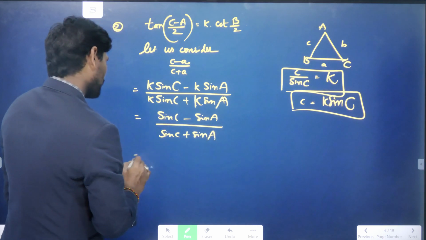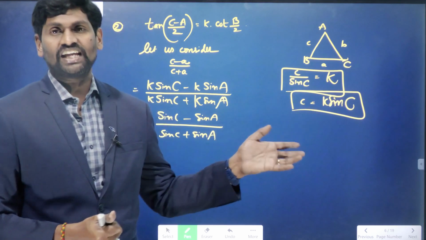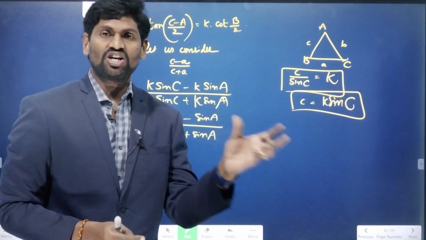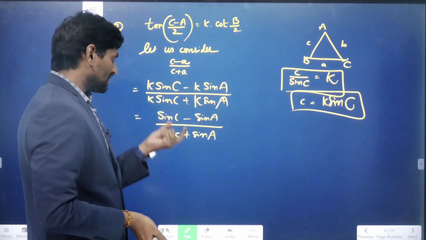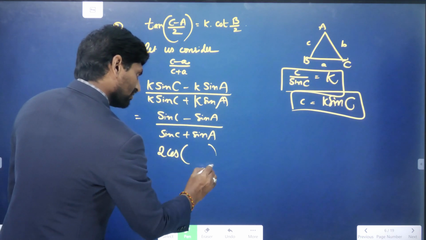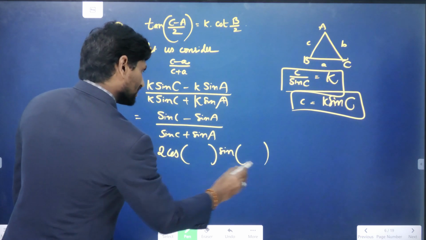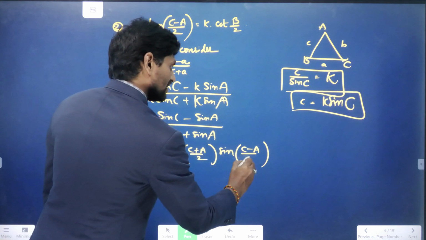In the previous topic we have discussed the transformation formulas: sin plus sin, sin minus sin, cos plus cos, cos minus cos. Four formulas we have discussed, right? So by using the sin minus sin formula, it is 2 cos sin: first addition, (C plus A) by 2, second subtraction, (C minus A) by 2.